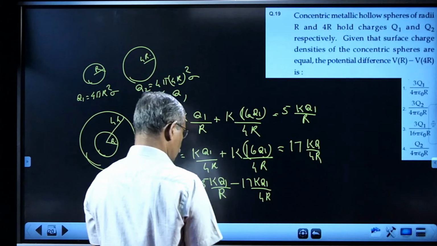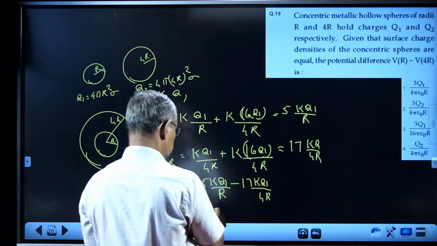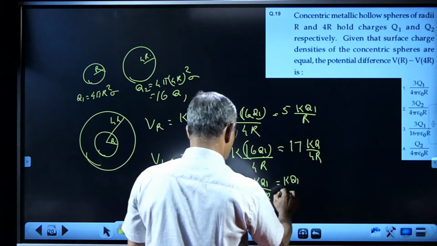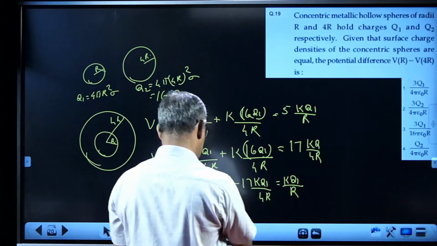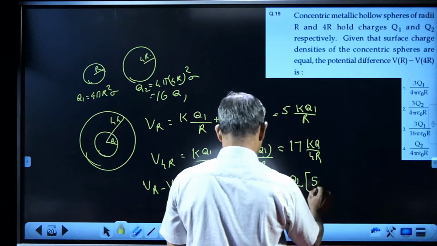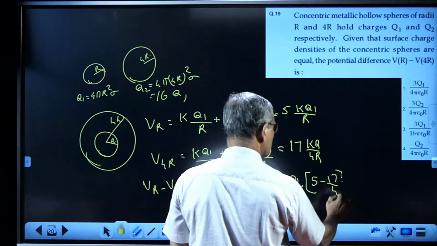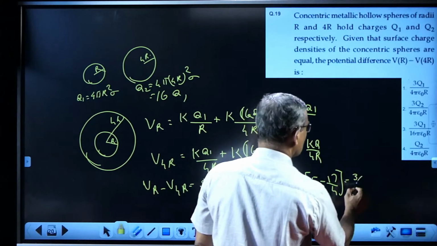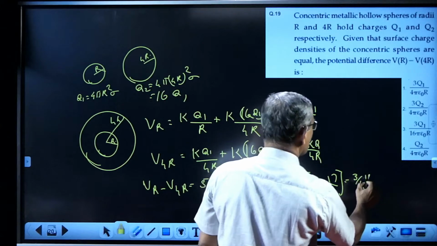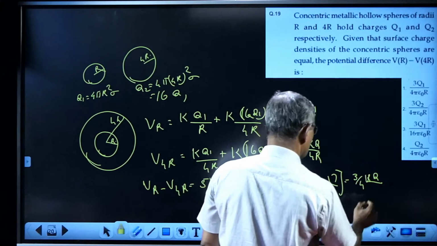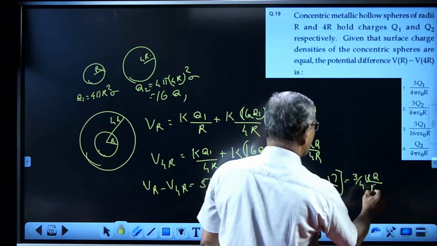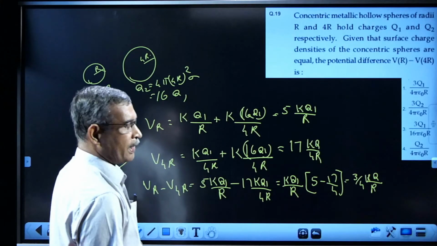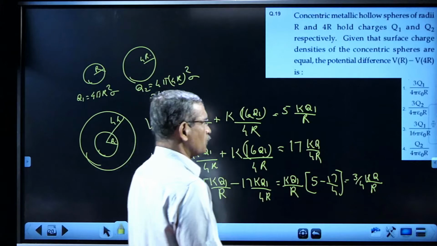That is equal to K Q1 by R times (5 minus 17 by 4), which is 3 by 4 K Q1 by R, where K is 1 by 4 pi epsilon 0, and therefore the option is 1.